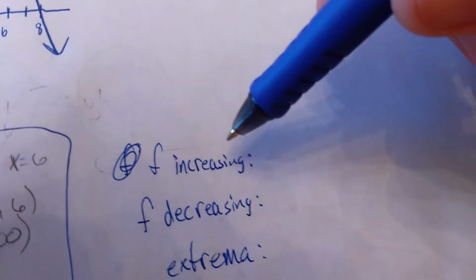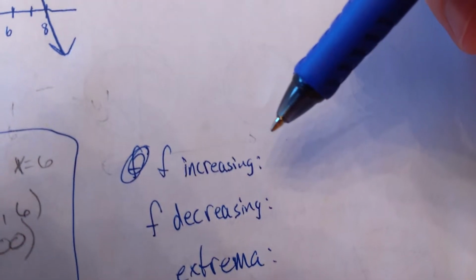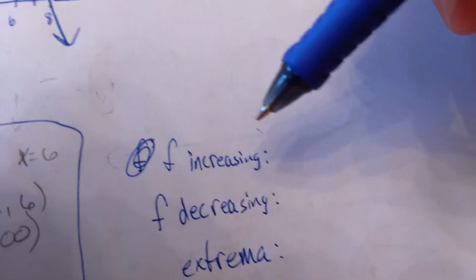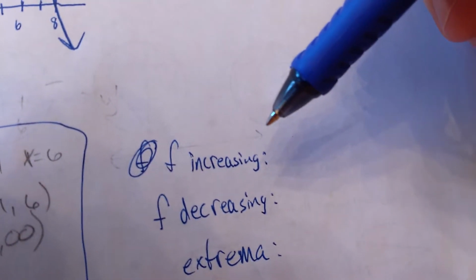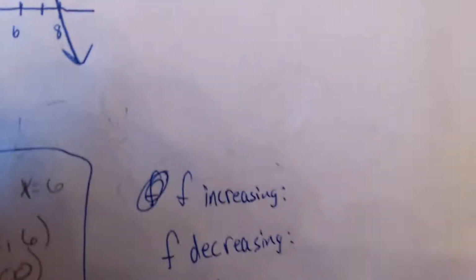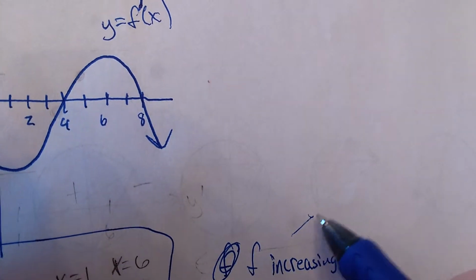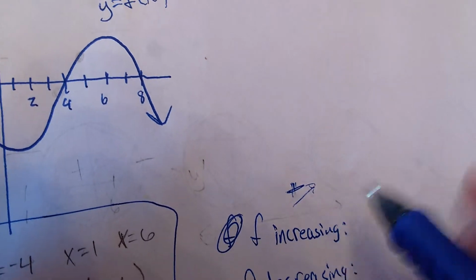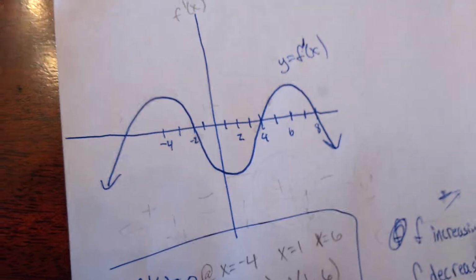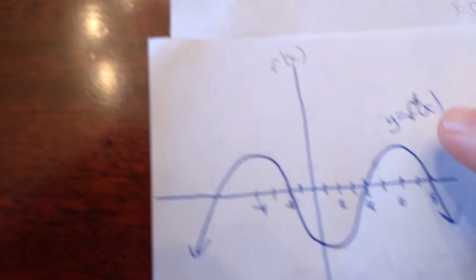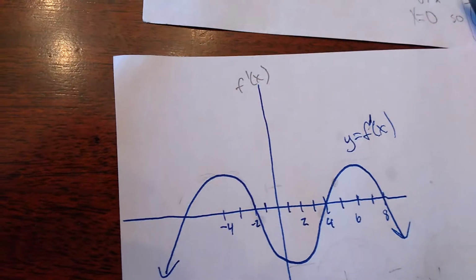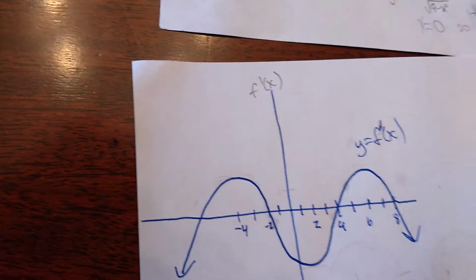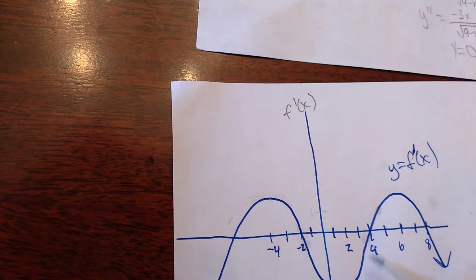So where would the original be increasing? Well, if the original is increasing, what do we know about the slope of the original? Increasing means going up, right? So it means a positive slope. So where would the original have a positive slope? Hey, look, we have a graph of all the slopes. So therefore, it's just whenever this thing is positive.